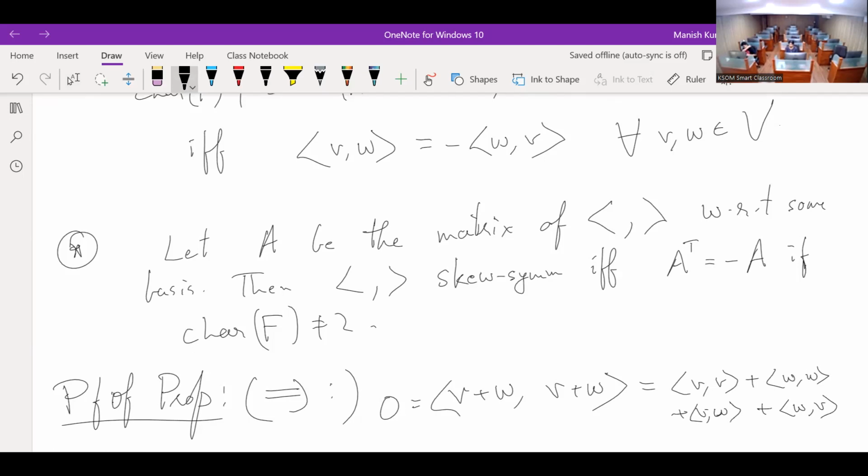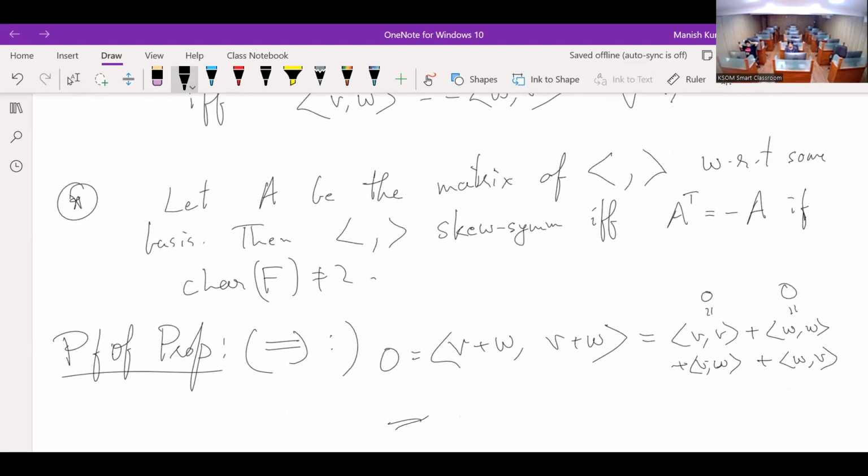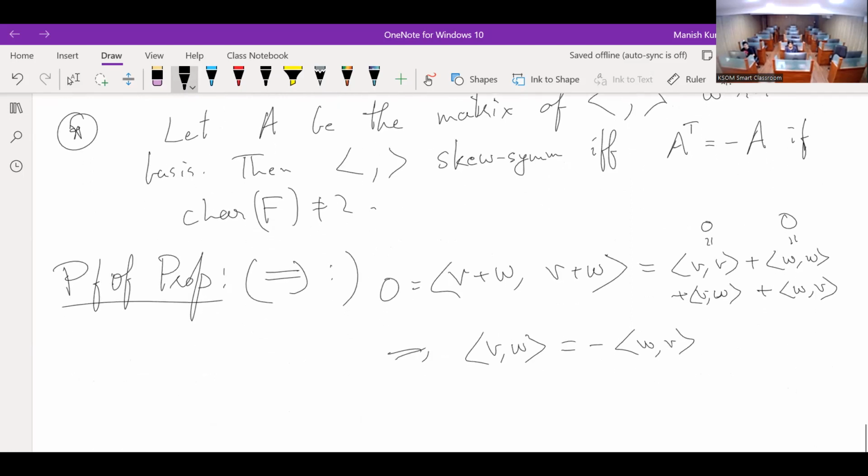These are the 4 terms you will get. And (v, v) is 0 by hypothesis, and (w, w) is also 0 by hypothesis. So this implies (v, w) is minus (w, v). The proof is not difficult, it's just some observation. So this proves the forward implication.